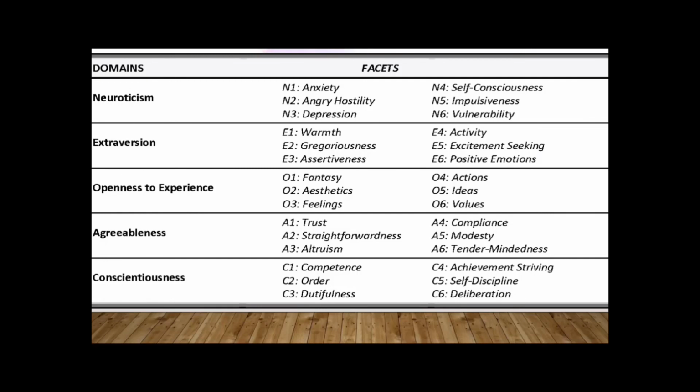Extraversion domain taps aspects of sociability, how proactive people are in seeking out others, as well as assertiveness. Openness, also referred to as the intellect factor, refers to openness to experience as well as active imagination, aesthetic sensitivity, attentiveness to inner feelings, preference for variety, intellectual curiosity, and independence of judgment.